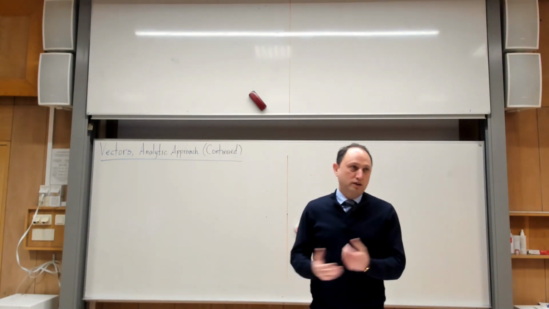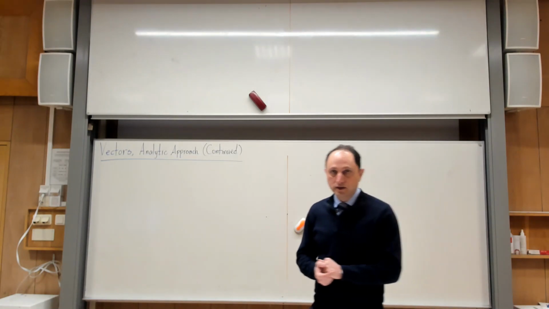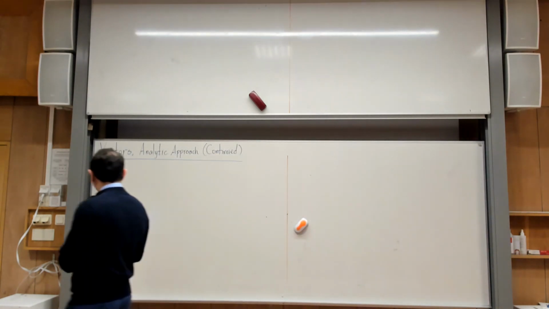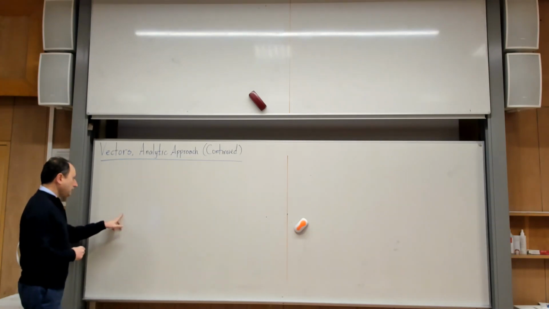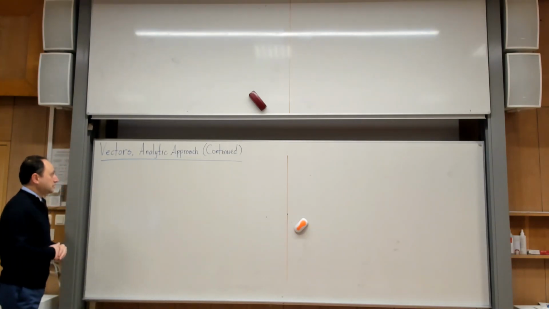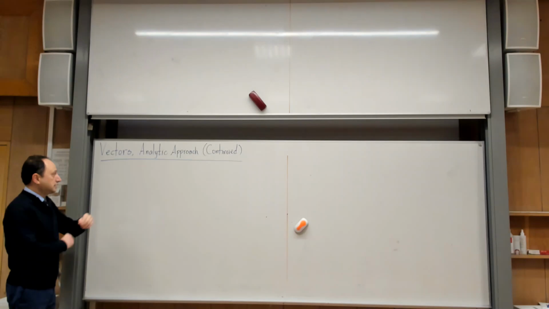So the one left is the cross product. Today we want to talk about how we can formalize the cross product in the analytic approach.